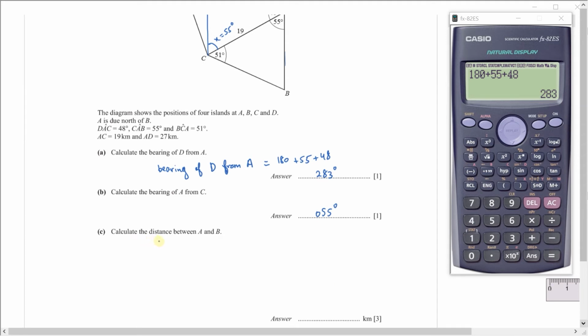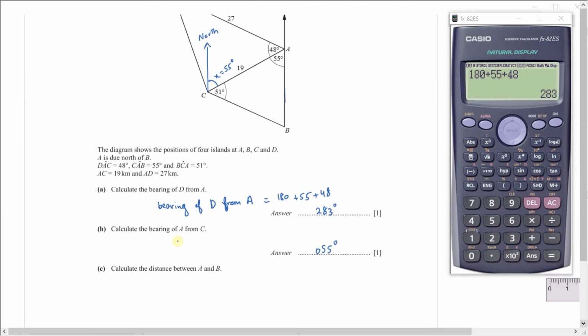Part C is calculate the distance between A and B. So we need to calculate this distance here. We know this side of this triangle. So if I look at this triangle ABC, we know two angles and one side. So that means I can find this angle easily, and then I can use the sine rule to calculate AB.